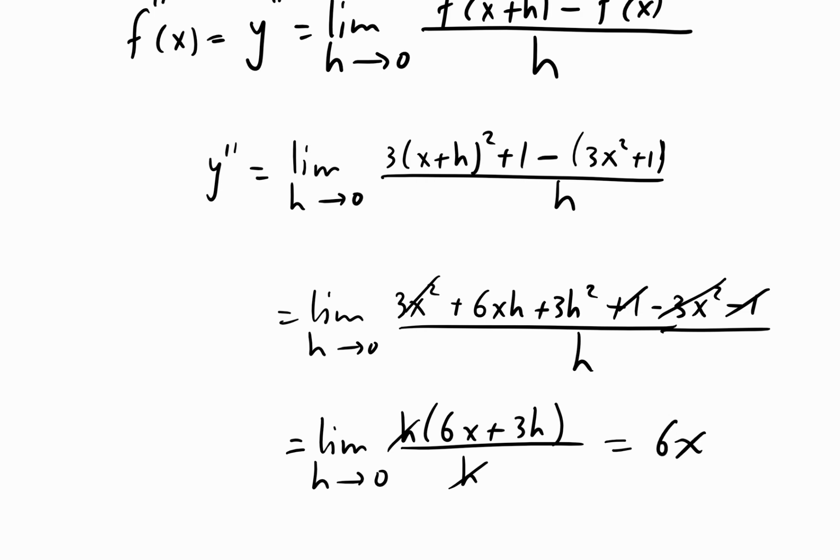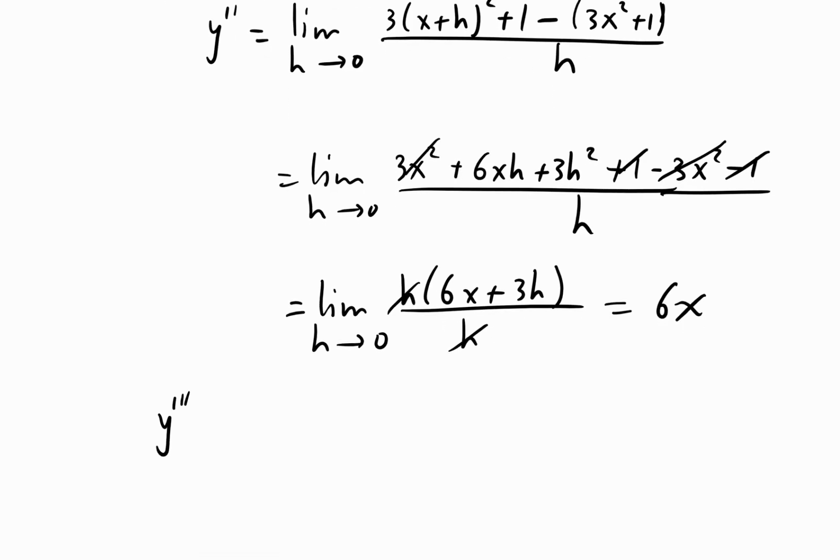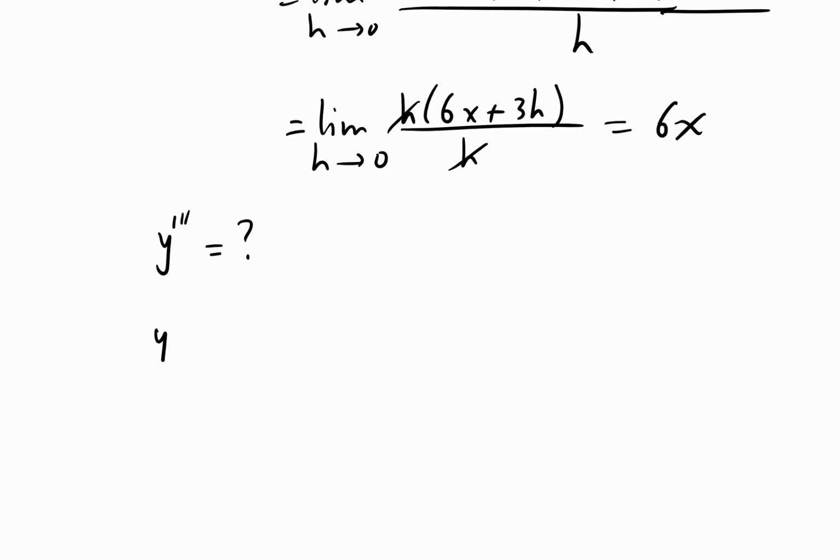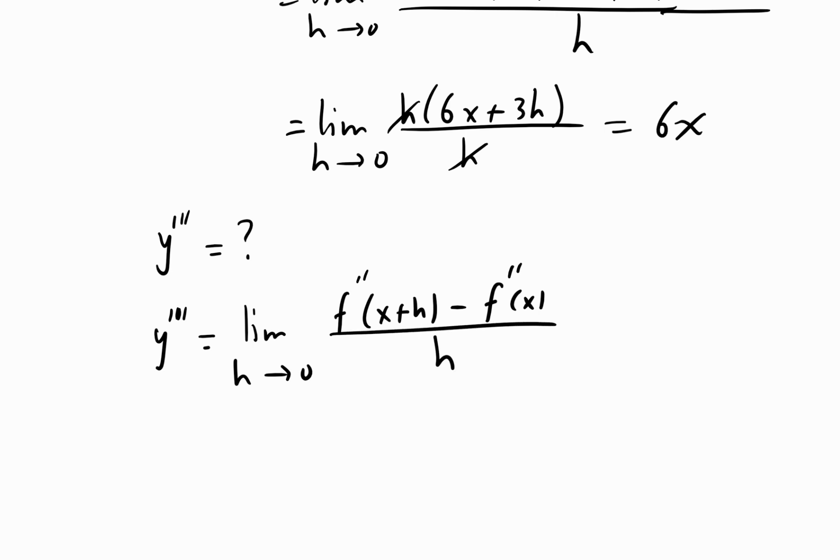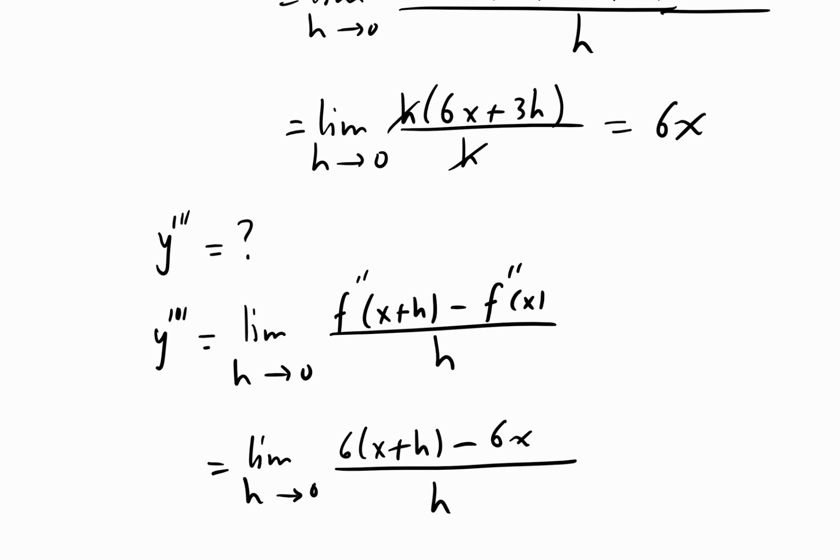If you want, we can find the next one. Can you find the third derivative? Try the third derivative. So y triple prime, the third derivative, is the limit as h goes to 0 of f double prime of x plus h minus f double prime of x all over h. So the limit as h goes to 0 of 6 times x plus h minus 6x over h.